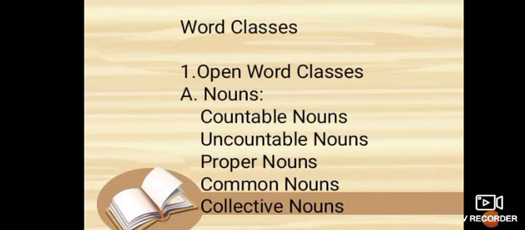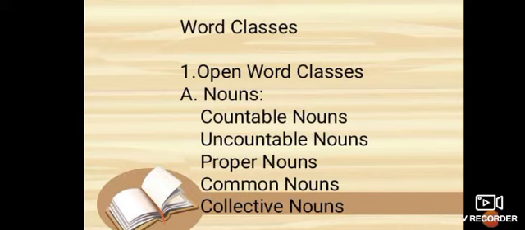For example, books, buttons, boys, girls. These are countable nouns. There was a hair in my tea; a hair is a countable noun. Here, a is a determiner and it indicates a countable noun.